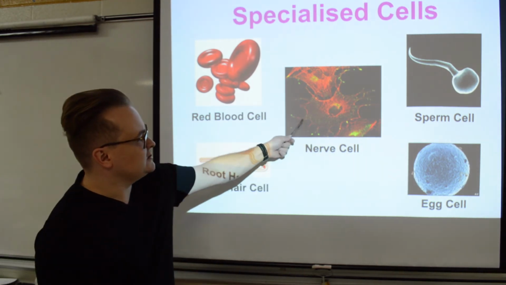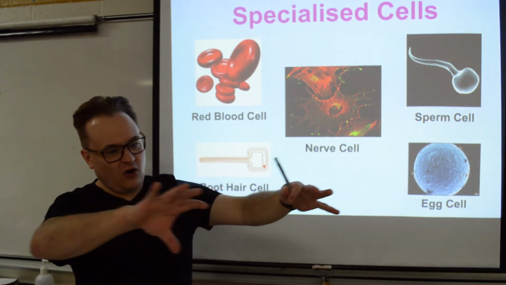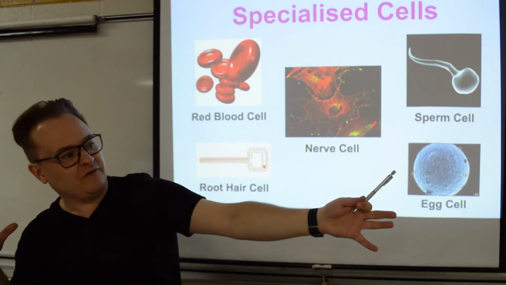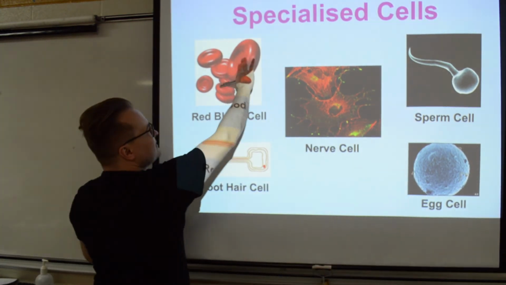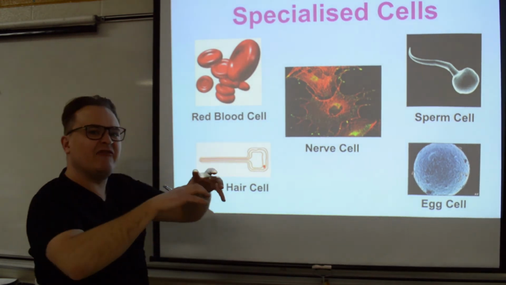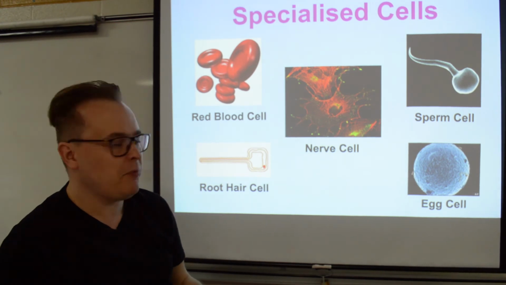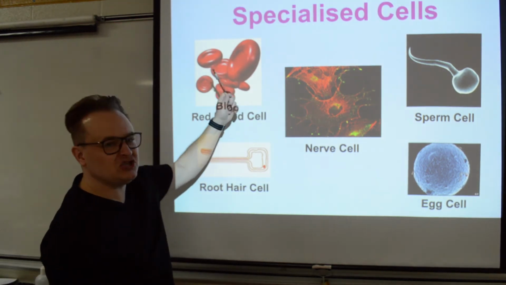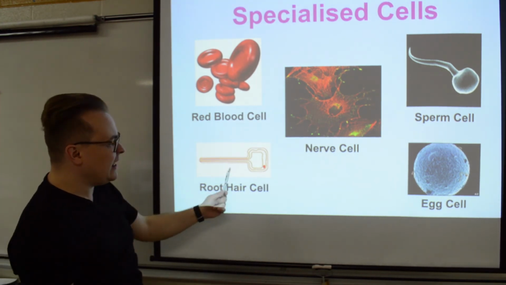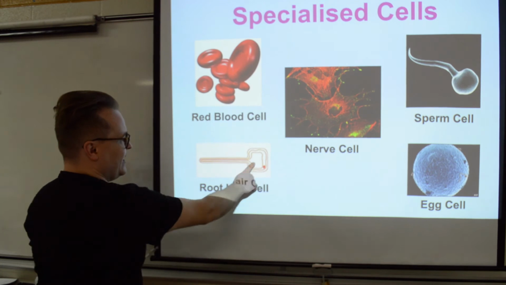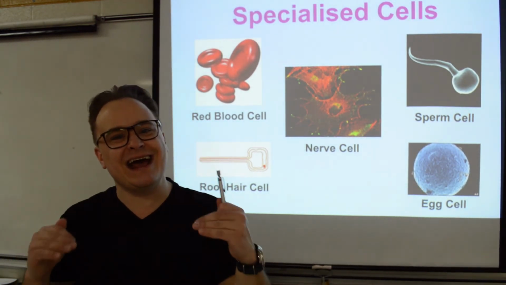This nerve cell needs to pass information along very quickly, so it has all these branches to make that energy and information travel as fast as possible. This shape of a blood cell has the most surface area to carry the most oxygen, because blood is carrying oxygen and carbon dioxide throughout our body. This disc shape is the best shape to carry the most with the least amount of space. This root cell sticks in your scalp and your hair sticks out. It's designed for a purpose. That is what's going to bring us to the next slide.